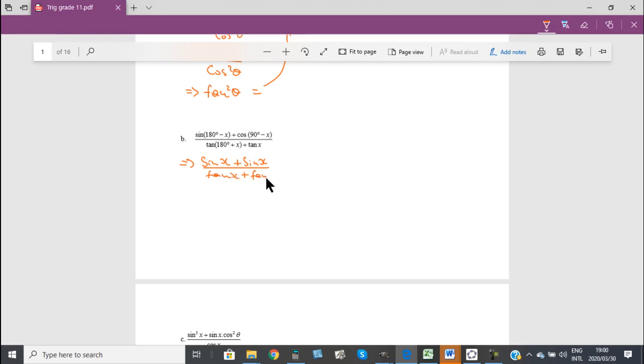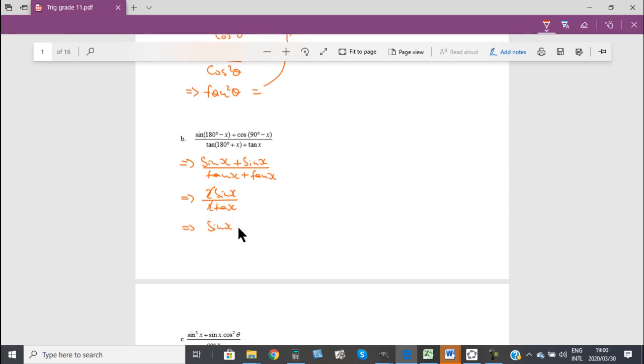There's nothing we can do, guys, there's tan x. And then sine plus sine is just 2 sine x over tan plus tan, 2 tan x. This is just like 1 plus 1, which is 2, or x plus x, which is 2x. So 2 goes once into 2, the 2s cancel, and you end up having sine x.